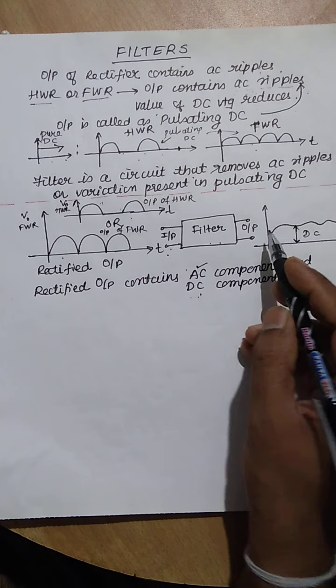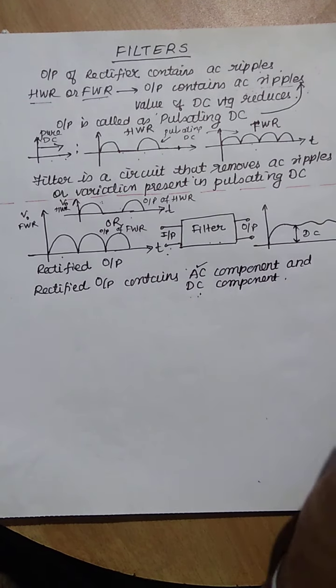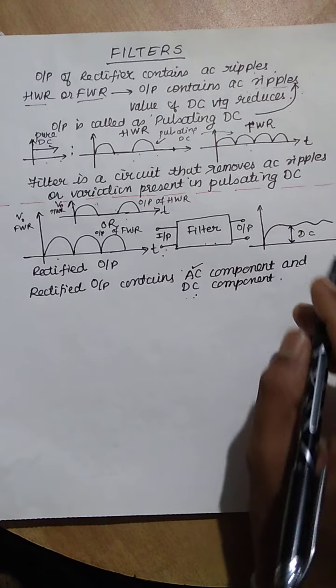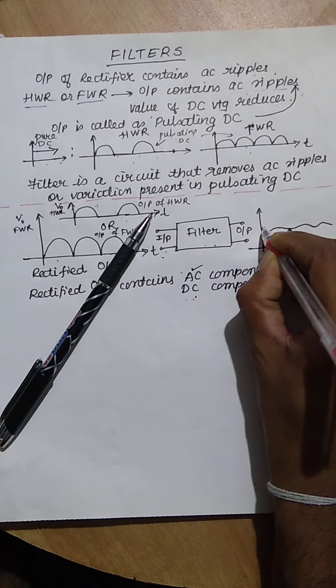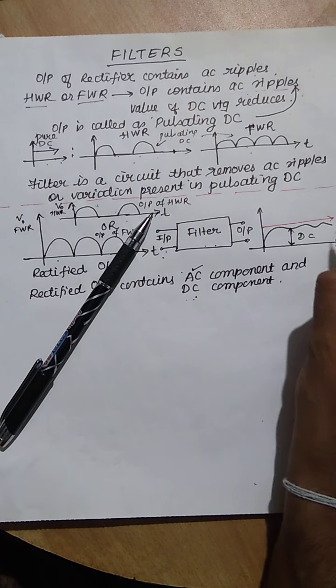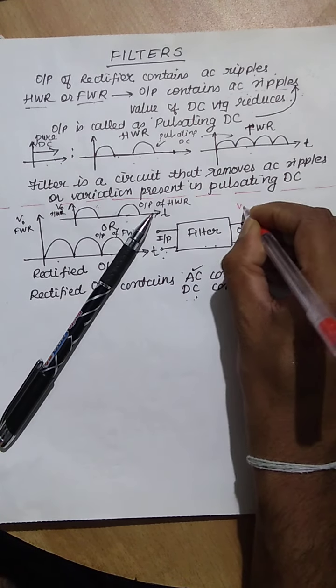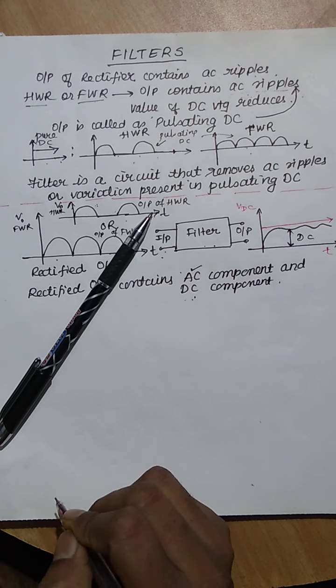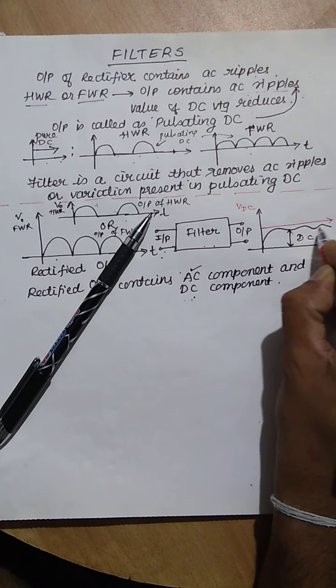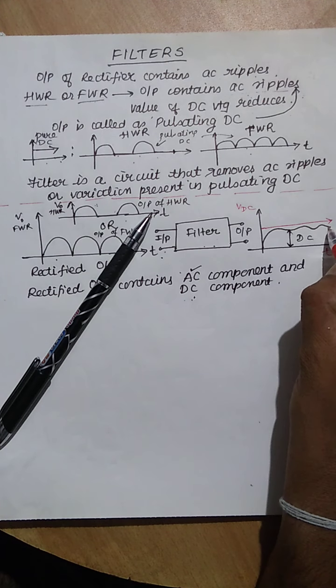So using a filter, if we go on increasing the filters, the output will be obviously like this, a straight line, a pure DC with respect to time, output DC. So still there are variations depending upon the filters we are using.